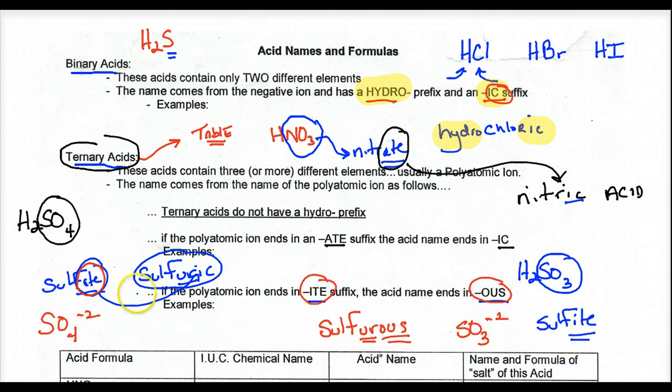We have sulfuric, this is sulfuric. Sulfurous. Then we have hydrosulfuric acid. You can see the differences there. There's the binary hydrosulfuric. This is the ate, so it becomes ic, so it becomes sulfuric. This is the ite polyatomic ion, so it's sulfurous acid.